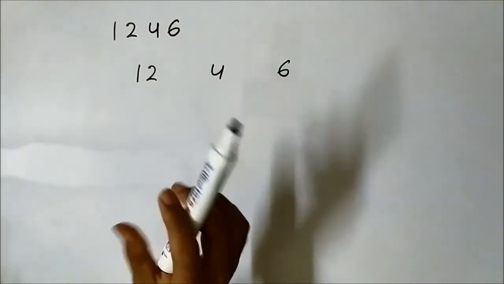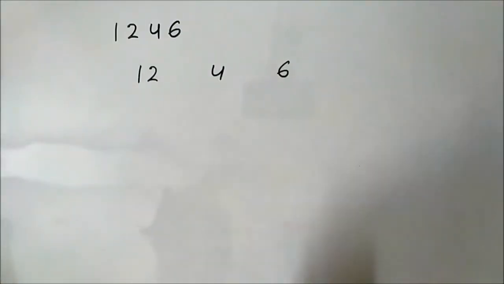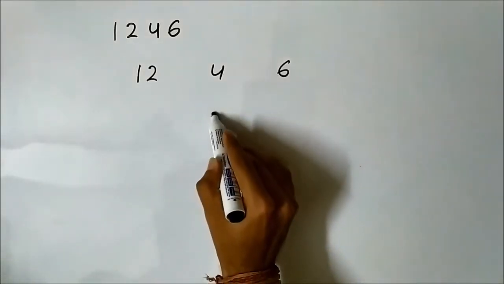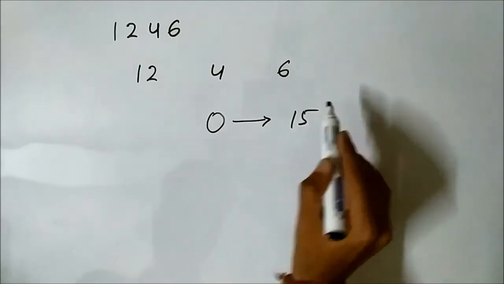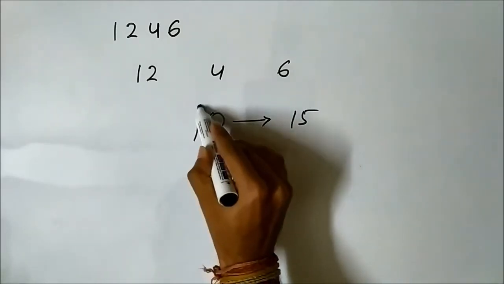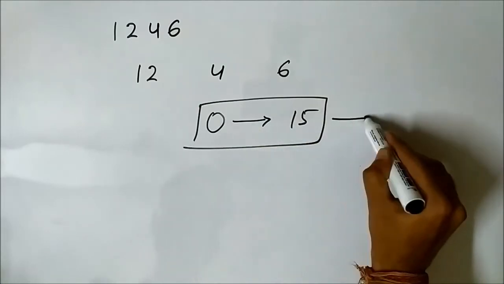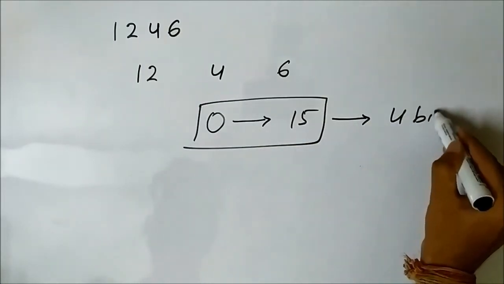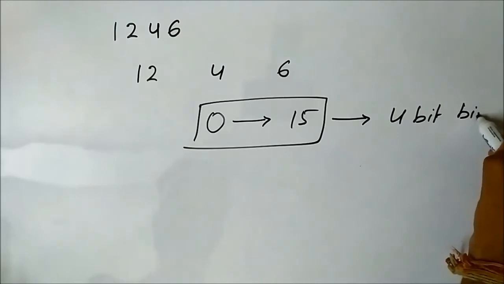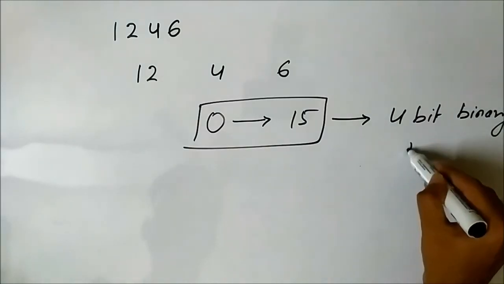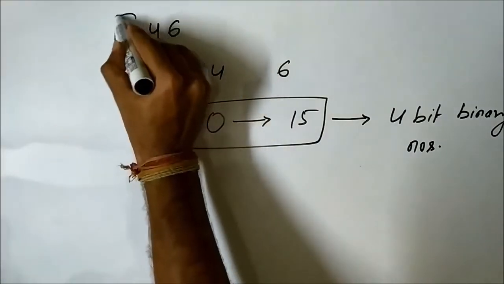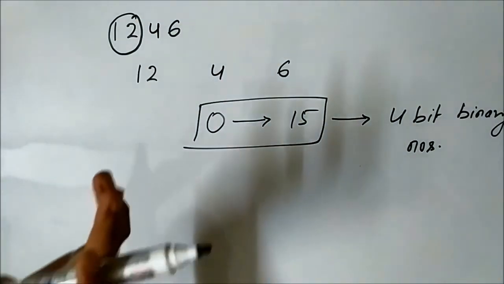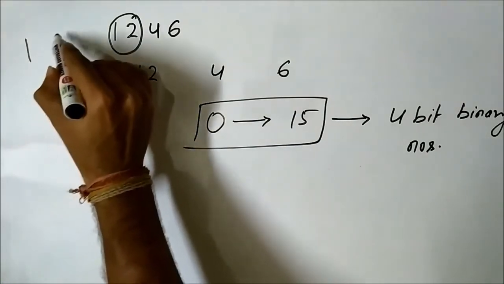Why? Because we know that using 4-bit binary numbers, we can represent decimal numbers from 0 to 15. So sometimes people take it as 12 instead of taking it individually as 1 and 2 separately.